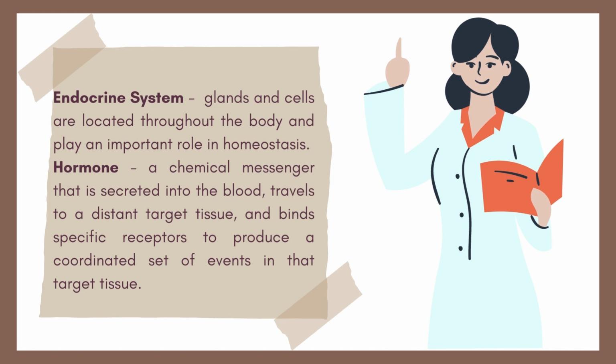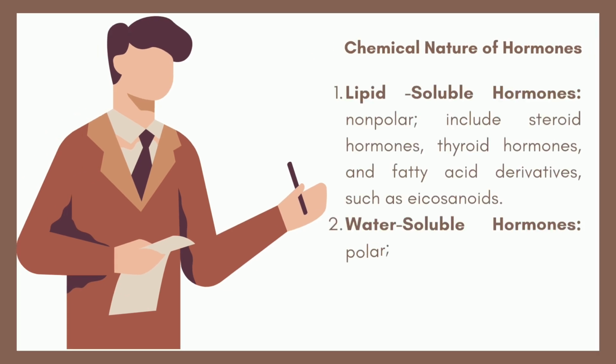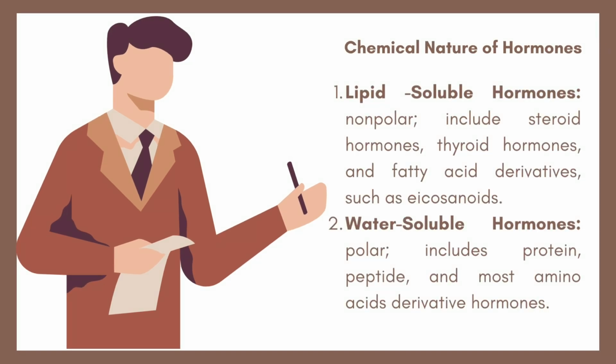And now, let us discuss hormones. Hormones travel in the blood looking for target cells, and those target cells have receptors that the hormones fit into, like a key. And there are 2 chemical natures of hormones.